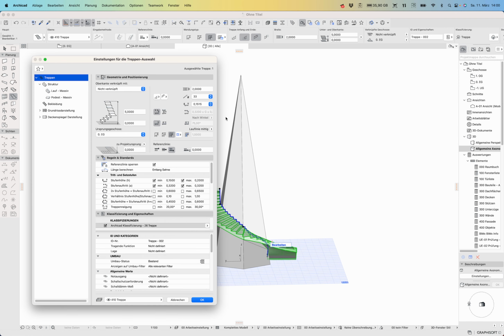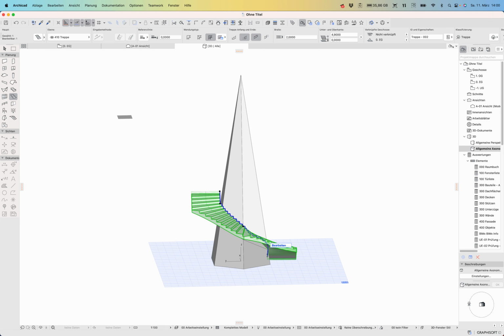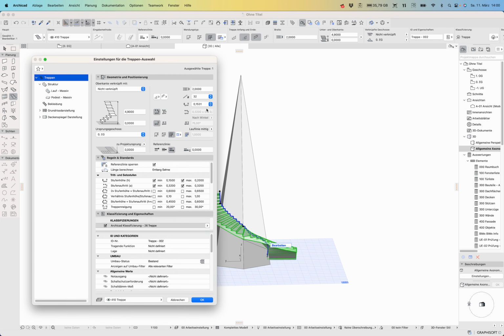What can I do? I do have 32, 15, 15. No. It's calculating the stair once again and again.